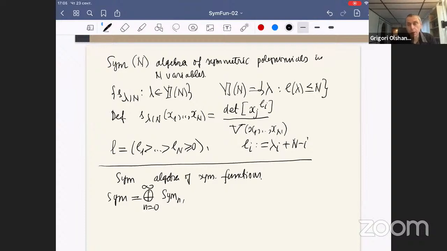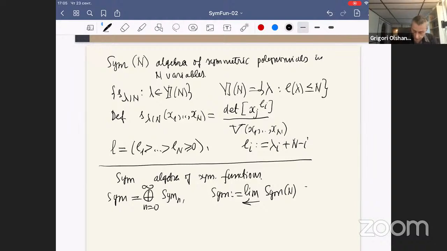And as a graded algebra, it can be defined as a projective limit in the category of graded algebras. The projective limit of the algebras of symmetric polynomials.